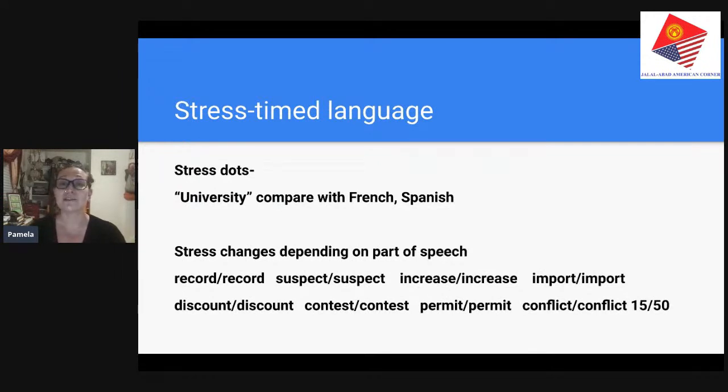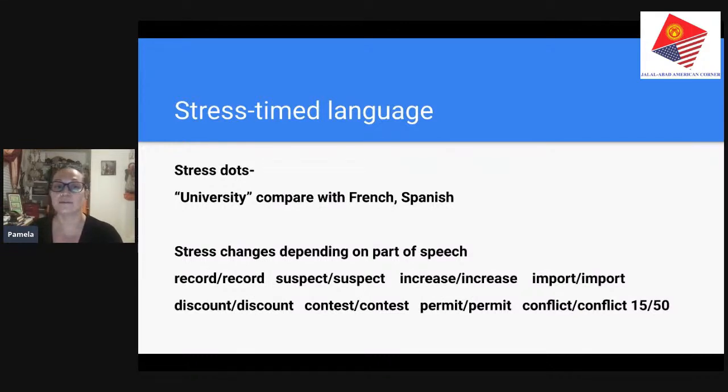So stress is really important in English, particularly because we have words where the stress changes the meaning of the word. For example, record, where it's two syllables, the stress is on the first syllable, record, that's a noun, that's a thing. Record, it's spelled exactly the same way, but by pronunciation, you'll know that that's the verb. Record, noun, record, verb.